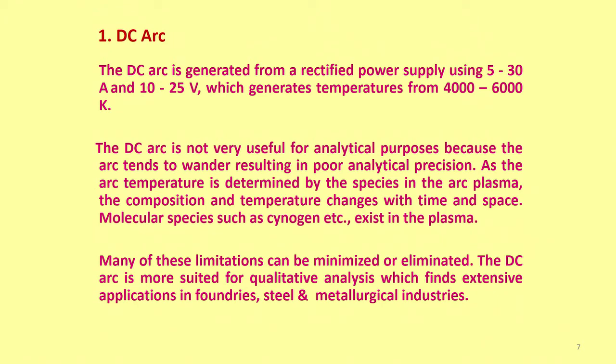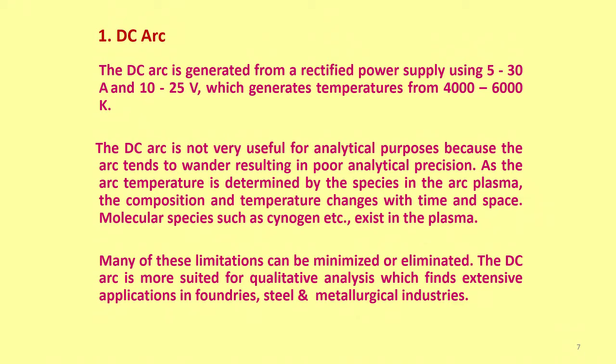The DC arc is generated from a rectified power supply using 5 to 30 amperes and 10 to 25 volts. That generates temperature from 4000 to 6000 degree Kelvin. This is not sufficient for all elements, but for few elements like sodium, potassium, etc., 6000 Kelvin is good enough. But the DC arc is not very useful for analytical purposes.